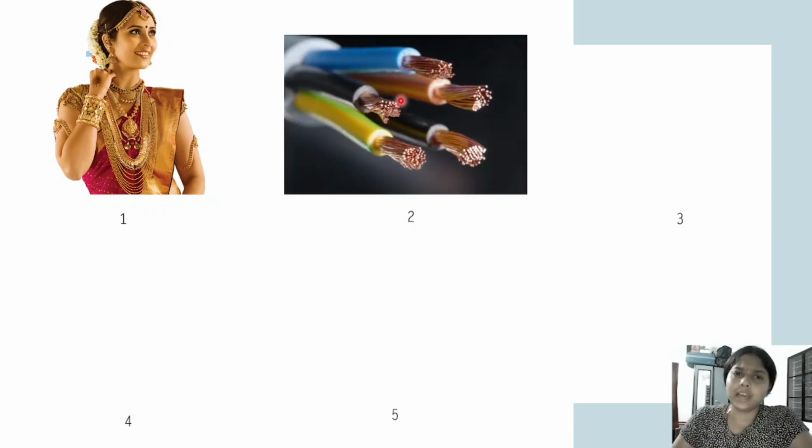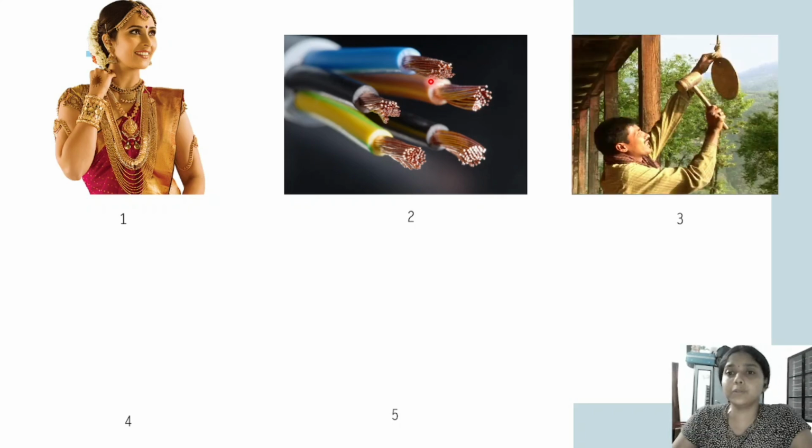Have you noticed this in your home? Yes, there is wiring in our home. These are those wirings. So, what do we call those wires? Yes, they are copper wires. Very good. Now, here, a person is ringing the bell.